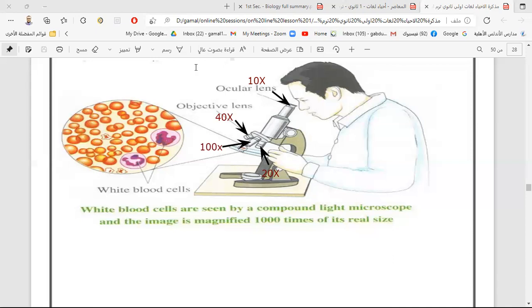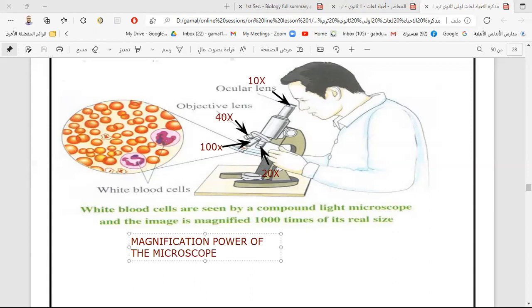So if we want to calculate the magnification power of a microscope, what will it be?